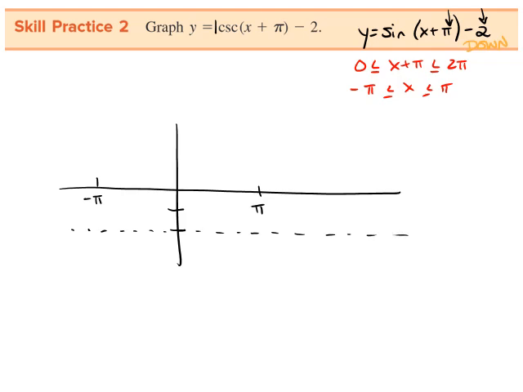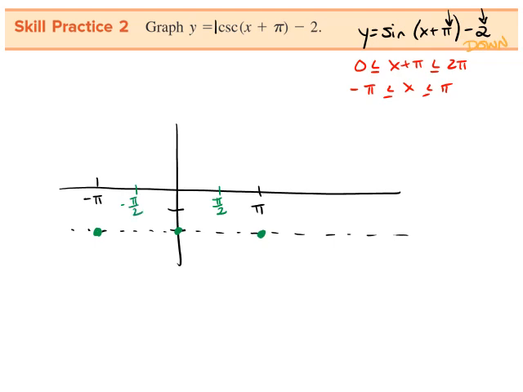All right, so when I graph the sine graph, I'm going to start at negative pi and end at pi, and halfway between, this value here is going to be pi over 2 and negative pi over 2.